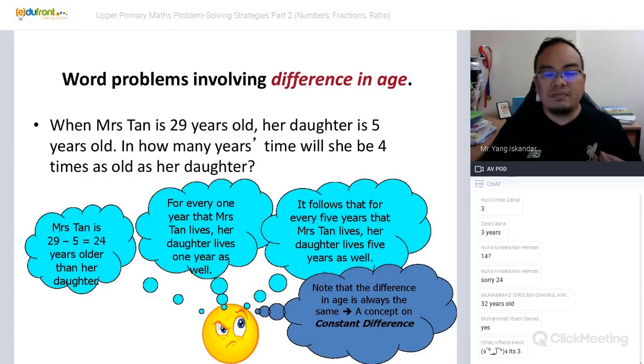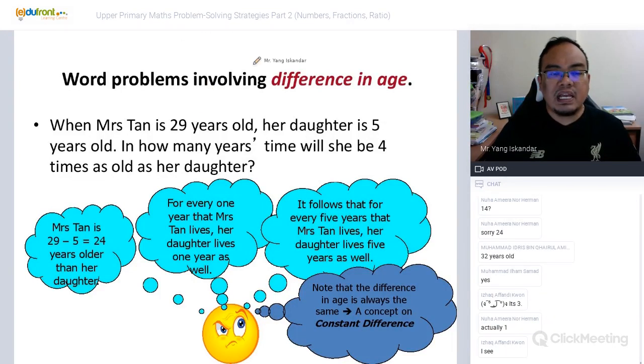So in 5 years' time, Mrs. Tan will be 5 years older and her daughter will also be 5 years older. Let's say in 5 years' time, Mrs. Tan will be 34, right? And the daughter will be 10. So what's the difference in the age? 24.